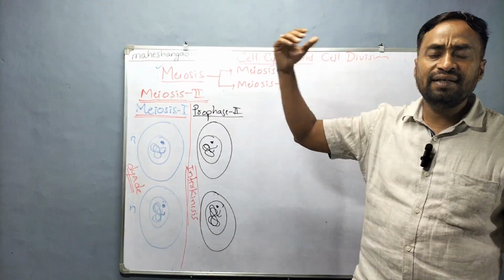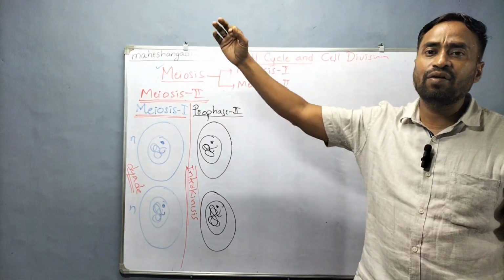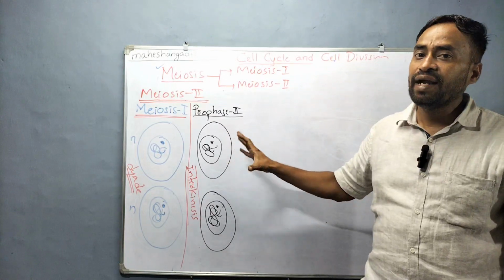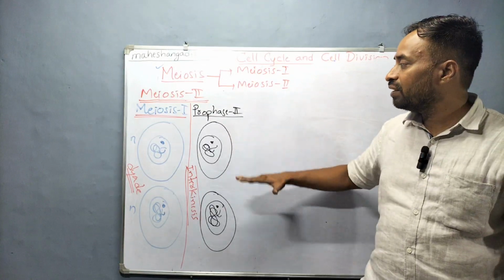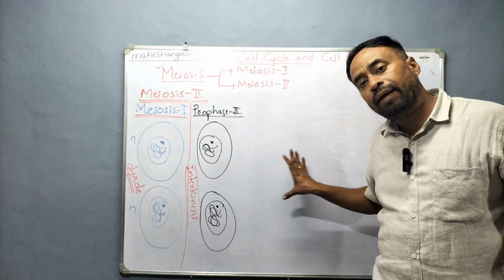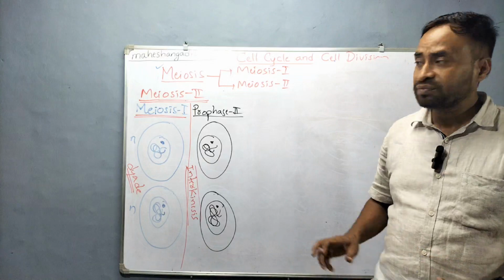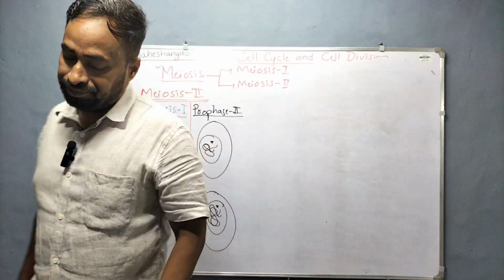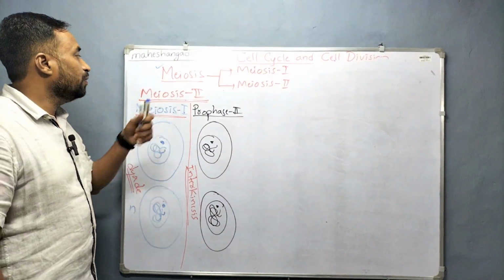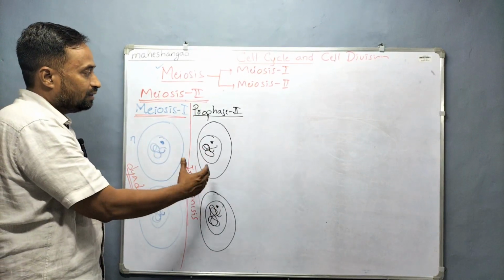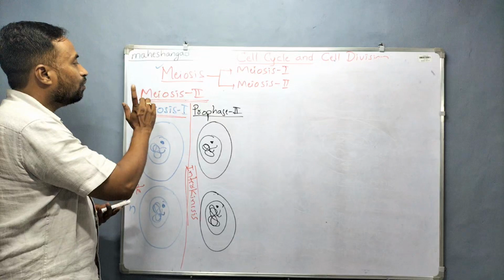That means all the changes that occurred in mitosis will happen here. All of that gets repeated here. See here, in meiosis 2, all the changes will be the same as that of what?